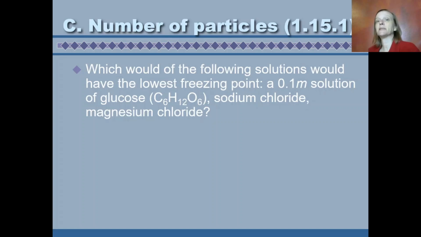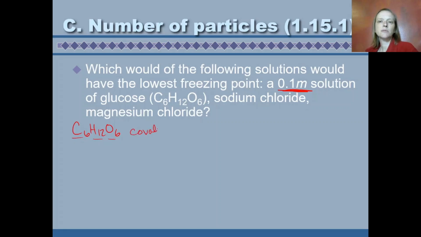So let's practice some examples of these. Which of the following solutions would have the lowest freezing point? 0.1 mole solution of glucose, sodium chloride, or magnesium chloride? These are all 0.1 mole, so we don't have to think about anything else other than how many particles each solute splits into when it's dissolved in water. Glucose, C6H12O6. By looking at this, I see that these are all nonmetals.